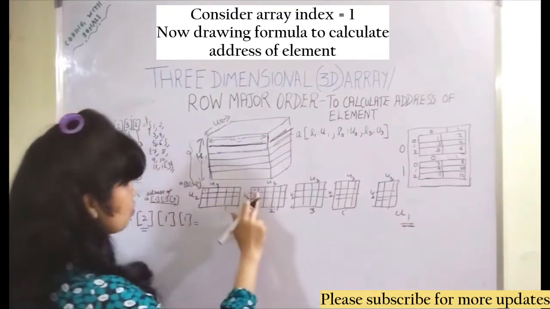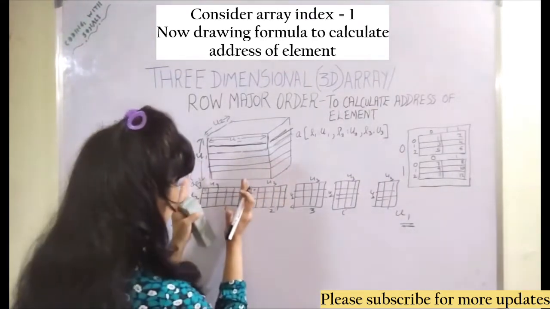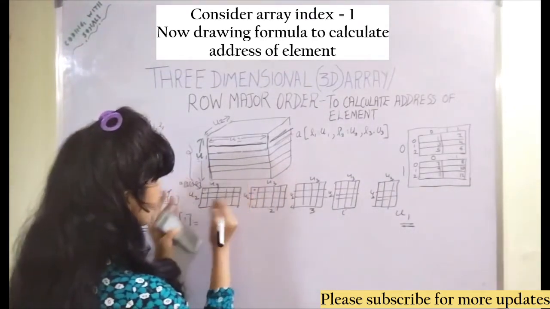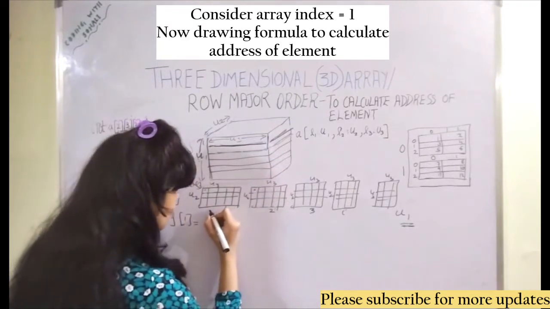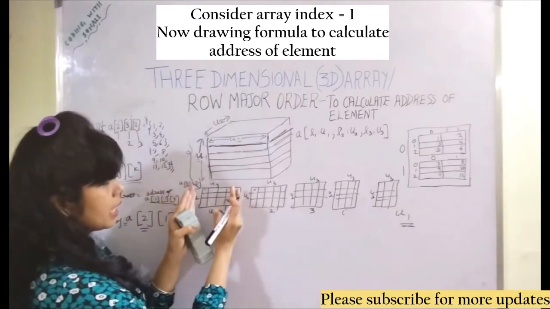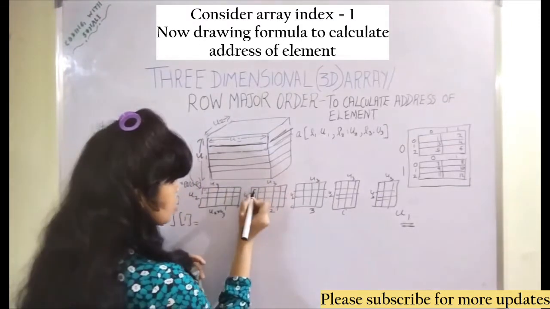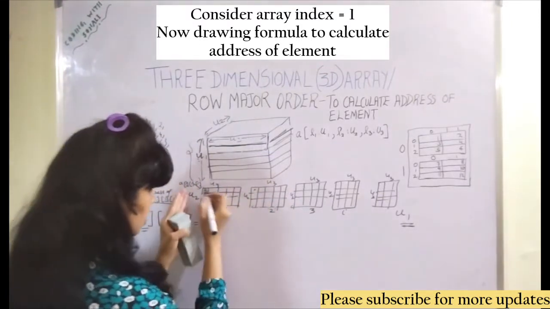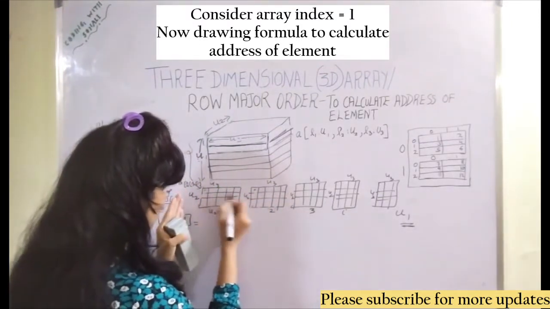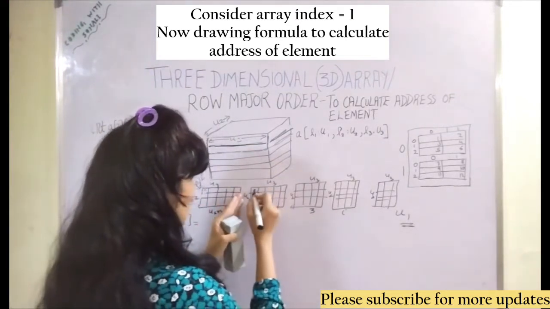How will I get it? First of all, we know to reach this element, I have to first cross the whole 2D array, which is of the dimension U2 into U3. After crossing this whole U2 into U3 2D array, then I can get the address of this element, because after crossing the whole 1, 2, 3, 4, 5, 6 elements till this, I can get the address of this.